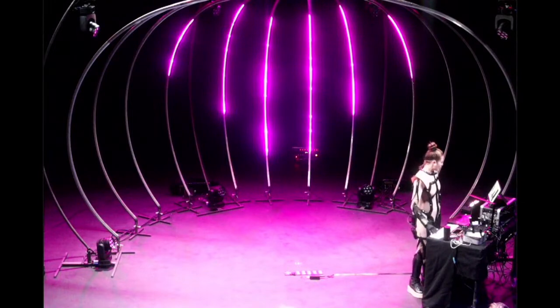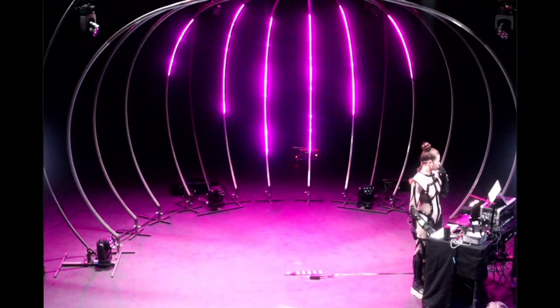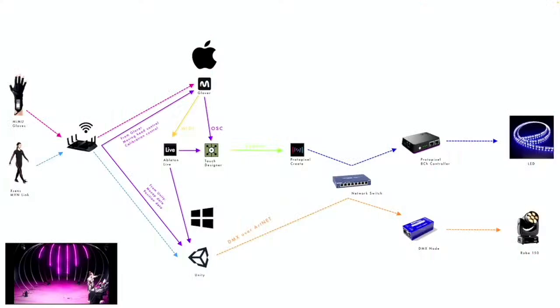Yeah, so wait, I had a slide about how this is all connected. It's a little bit old, but okay, so this is me. I'm wearing Me gloves, and I'm wearing an accent suit. All the movement data is coming in, maybe it's easier if I just use a cursor because you're all looking up.